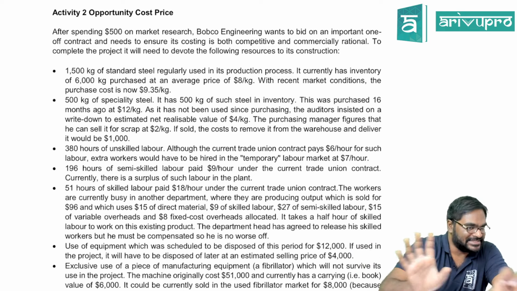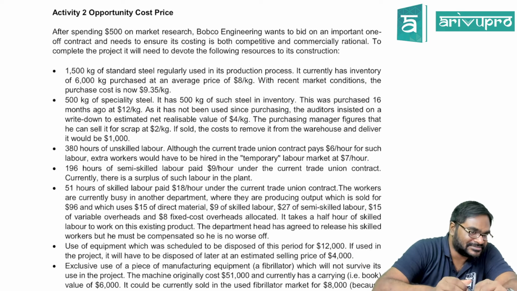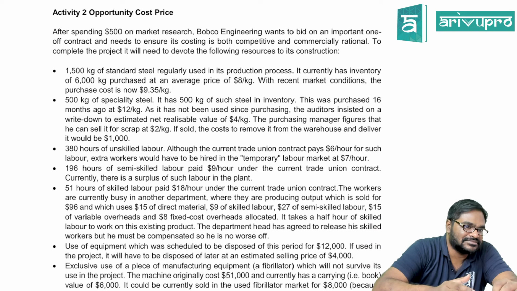Kaushik, if we take this NRV, it is selling price minus expected cost of selling. So NRV itself will be 0, right? Because I can sell the scrap at $2 per kg, and 500 into 2 is 1,000, and the expected cost of removing from the warehouse is $1,000. So NRV is 0, right?